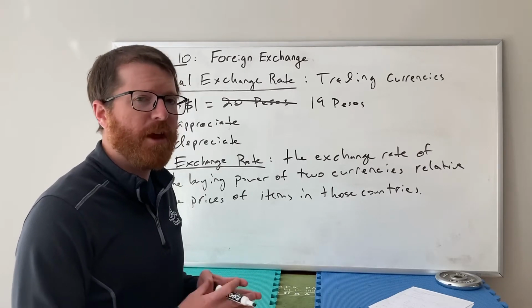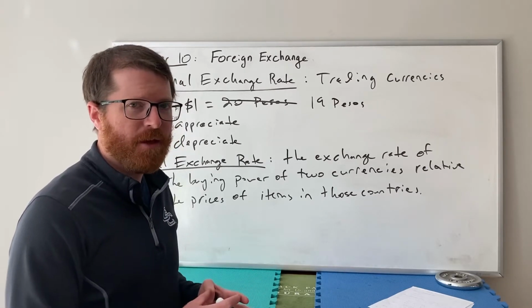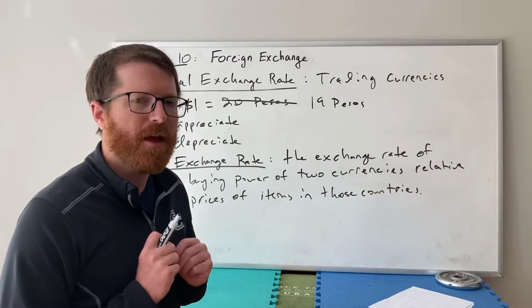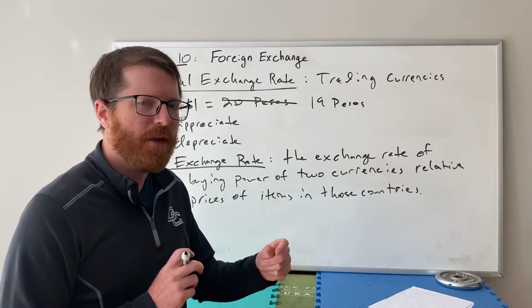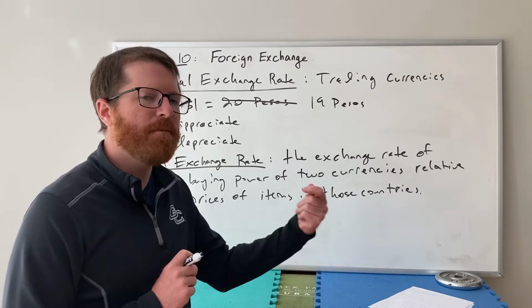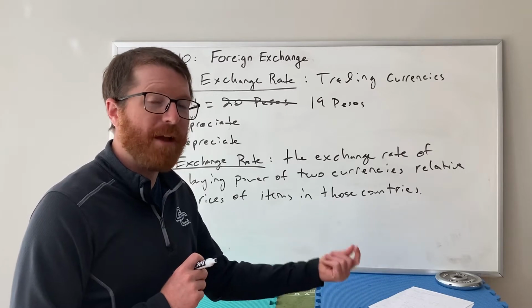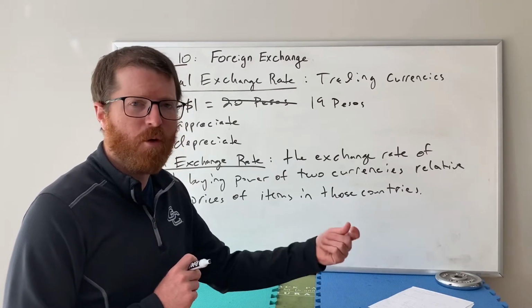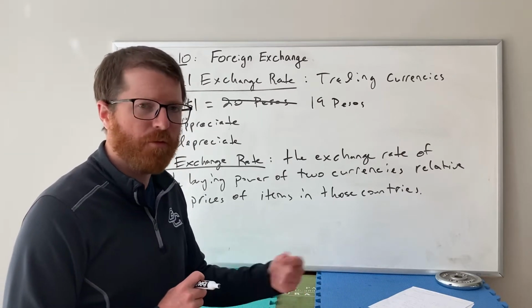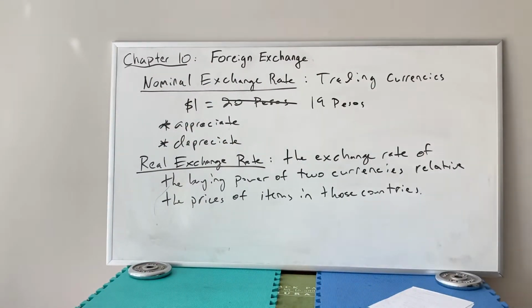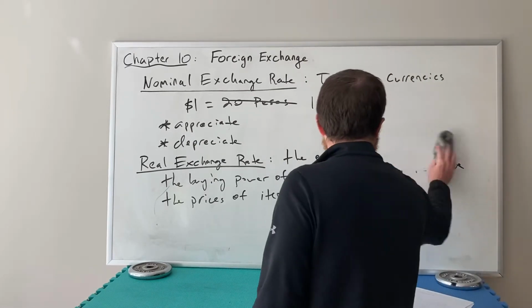The real exchange rate would ask this: if I had $100 in the US, there are things I could buy in the US. Now, what if I went to Mexico, exchanged the money, and then bought Mexican goods? Would I be able to buy more goods in Mexico in that circumstance or more goods in the US? That is what the real exchange rate is looking at. I think it will be more clear once you see some examples, so let's jump right into some examples.